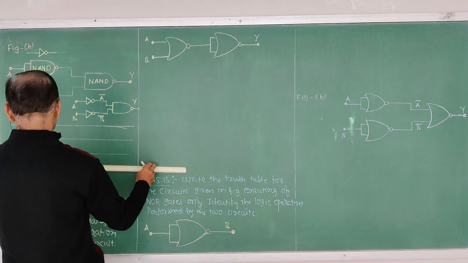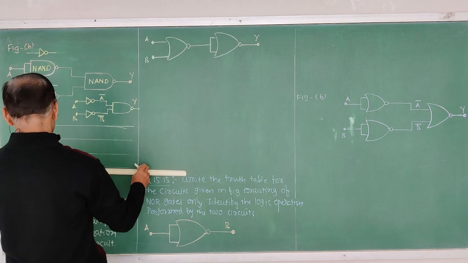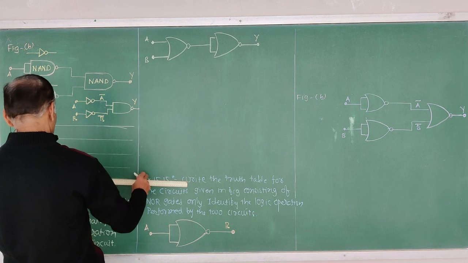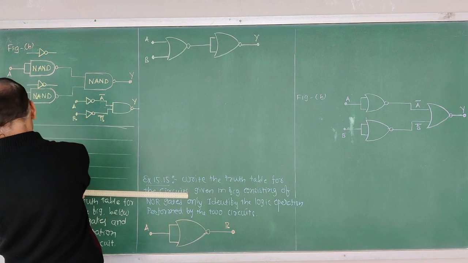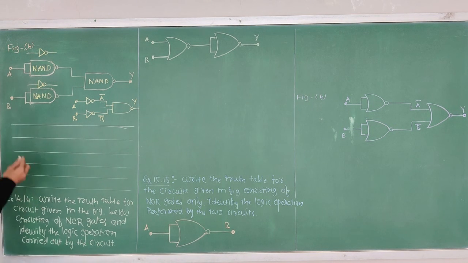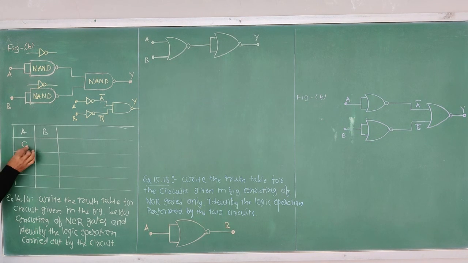So we can consider the combinations of the inputs: A as 0, 0, 1, 1 and B as 0, 1, 0, 1.